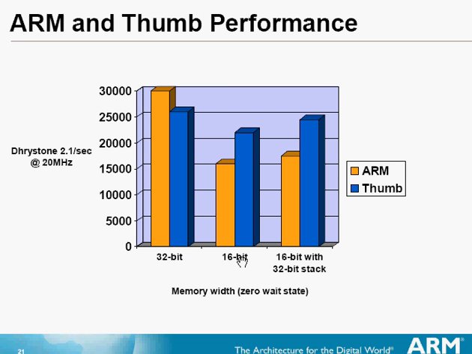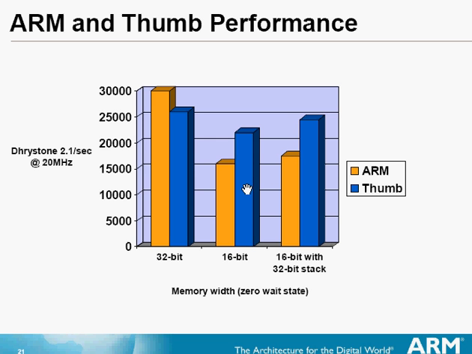Even though there are more instructions, each instruction only takes a single cycle to fetch, whereas an ARM instruction will take 2 cycles, because this is 16-bit memory, and an ARM instruction requires 32 bits. For every fetch it will take 2 cycles, and that's the reason if you have 16-bit memory, Thumb will give better performance than the ARM instruction set.